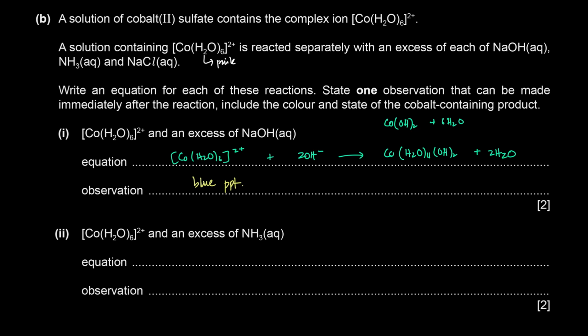With excess ammonia, what happens is that for cobalt, all 6 of the water molecules are exchanged by ammonia. So this is a ligand exchange reaction. All six of the waters are exchanged by ammonia over here, and what you end up making is Co(NH3)6 2+ and 6H2O.